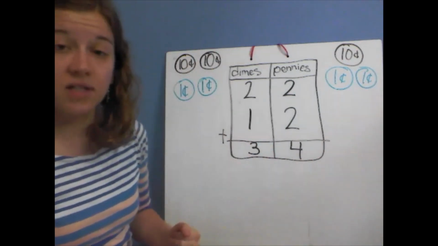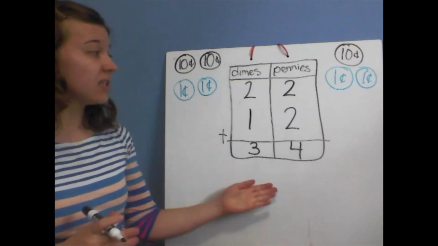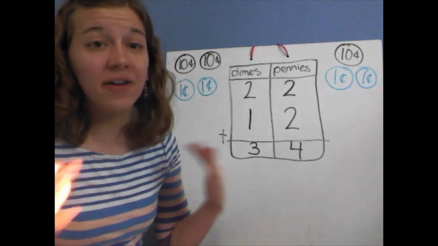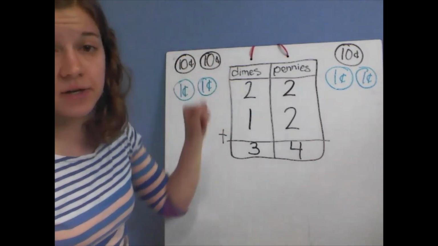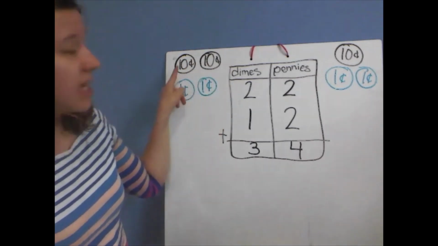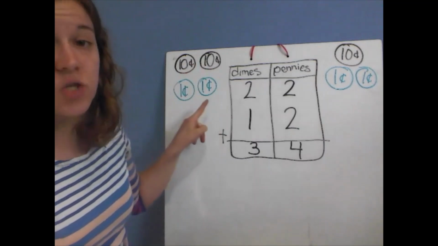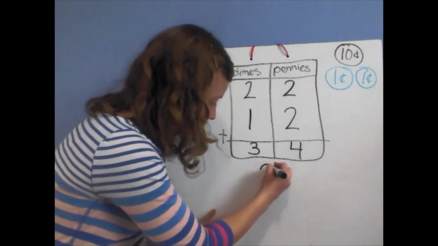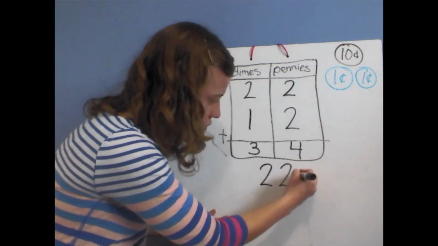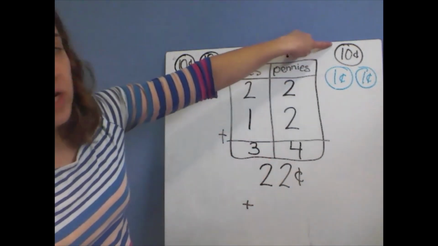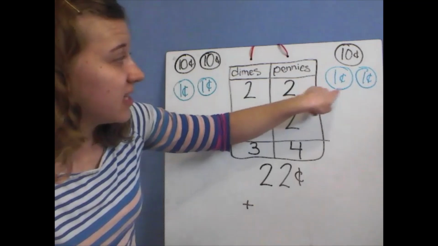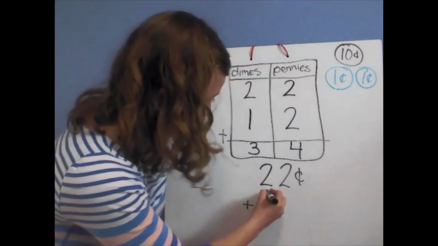All right. So, okay, we found our answer, but let's try and do it without the chart as well. So let's count the amount we have here. All right. So 10 cents, 20 cents, 21, 22 cents. Okay. 22 cents plus, over here we have 10 cents, 11 cents, 12 cents.